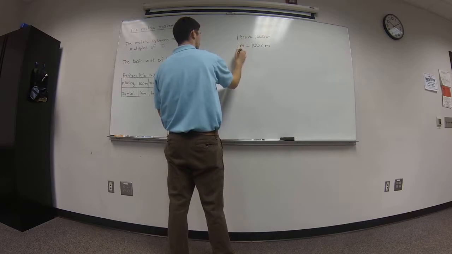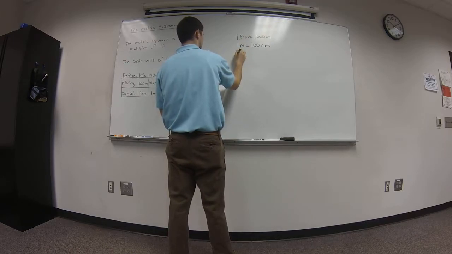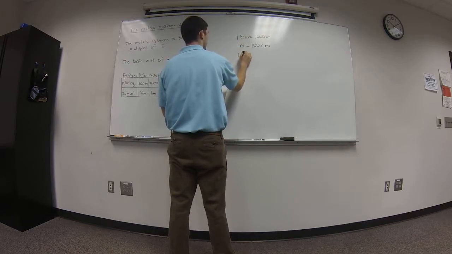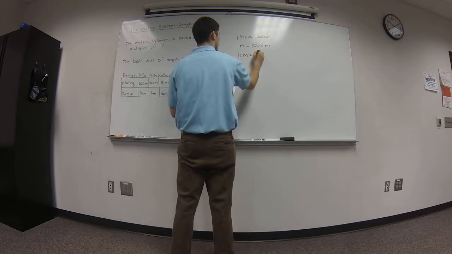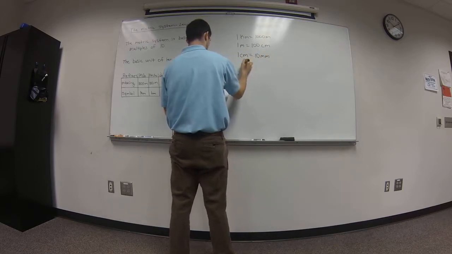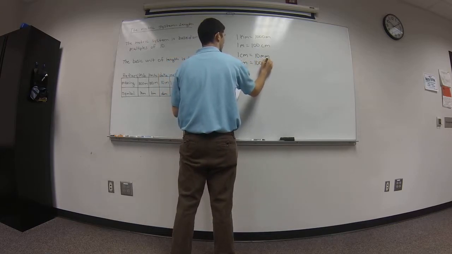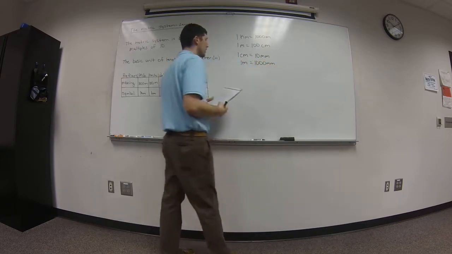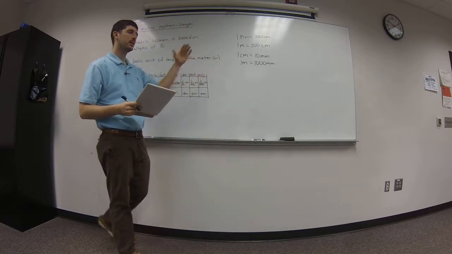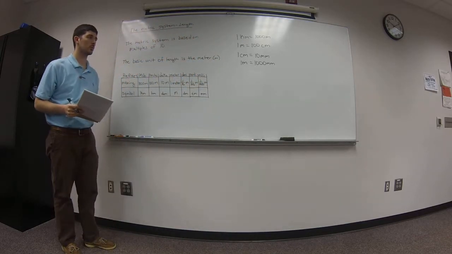These are some of the more common unit ratios that we use. 1 centimeter is equal to 10 millimeters. And lastly, 1 meter is equal to 1,000 millimeters. Obviously these aren't all the relationships. These are just some of the more commonly used ones.